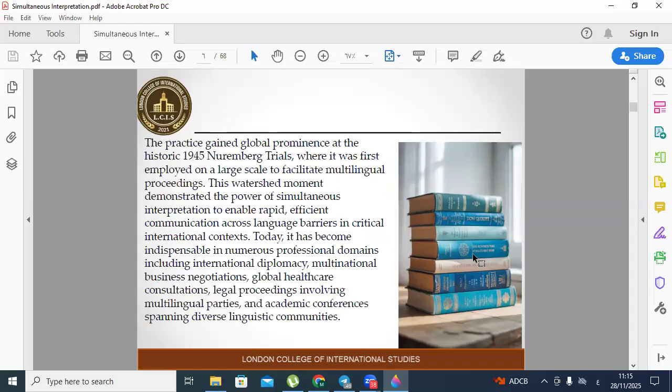So the practice gained global prominence at the historic 1945 Nuremberg trials, where it was first employed on a large scale to facilitate multilingual proceedings.